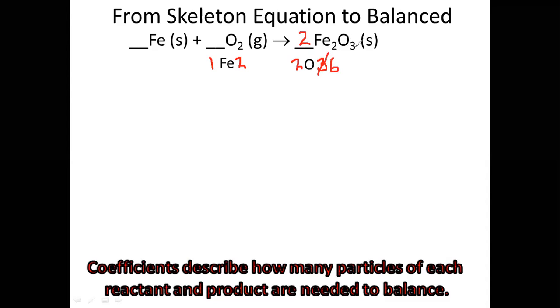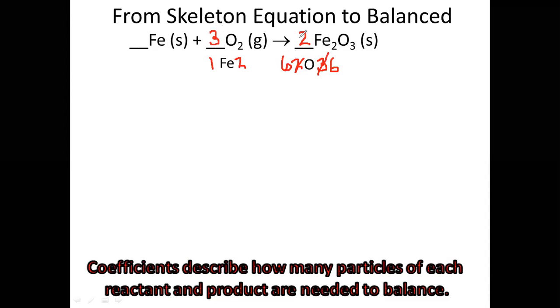So now we have 6 oxygens on the product side, which means we would need 6 oxygens on the reactant side. But right now we only have our 2. So we want to fix that by adding a coefficient, a multiplier. Well, obviously, the multiplier 3 works, 3 times 2, and that changes our quantity to 6. So we have our oxygens balanced.